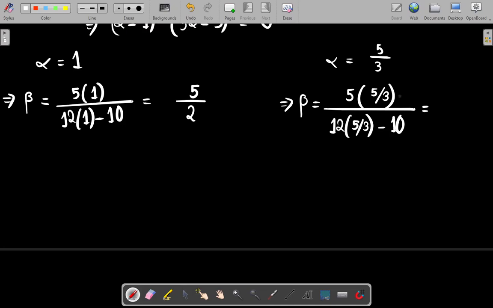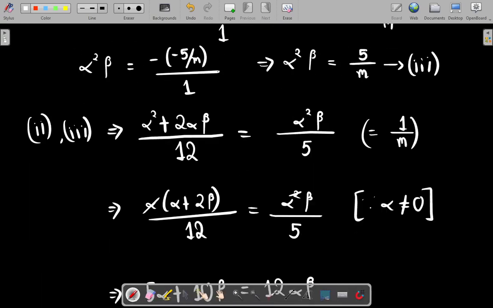Okay, so in the numerator this becomes 25 upon 3, and in the denominator this is 12 times 5 is 60, right? 60 by 3 is 20, 20 minus 10 is 10. So value of beta now becomes 25 upon 30, which is nothing but 5 upon 6. Okay, so these are the two values of alpha and beta we have got so far.